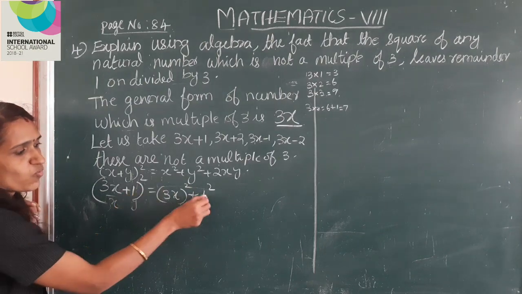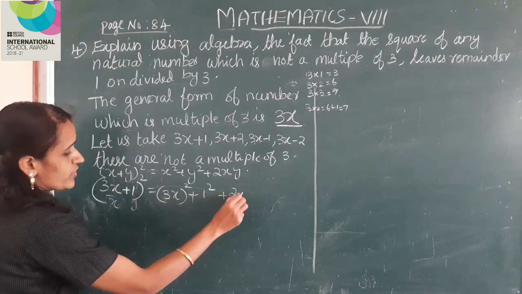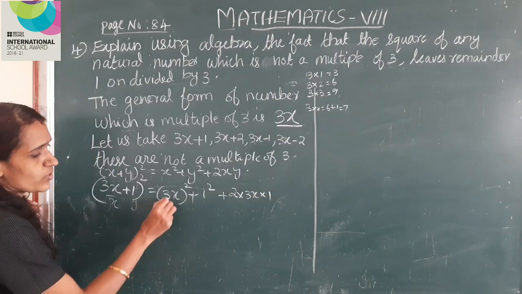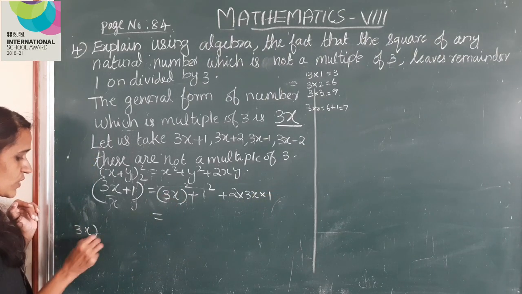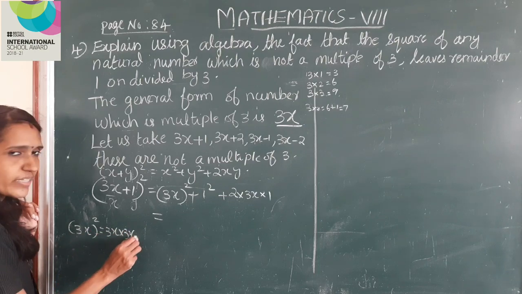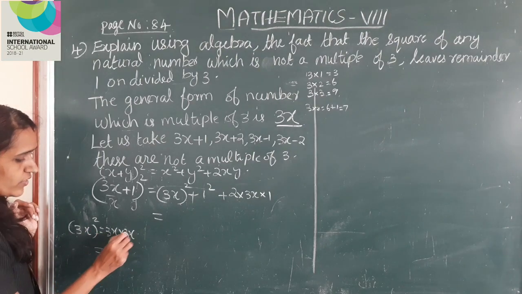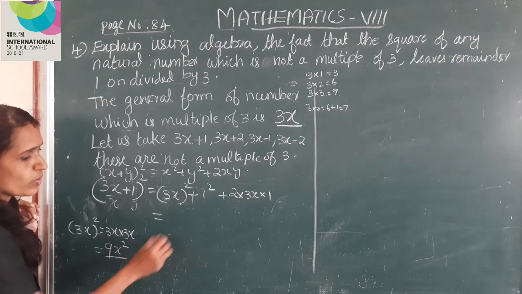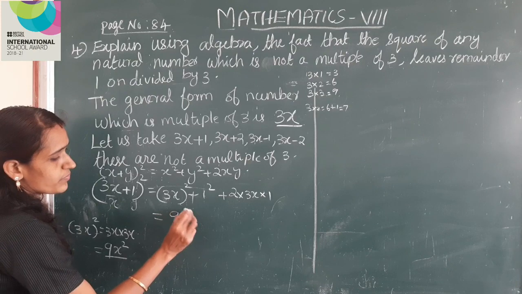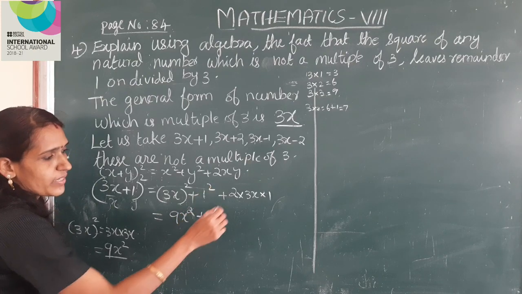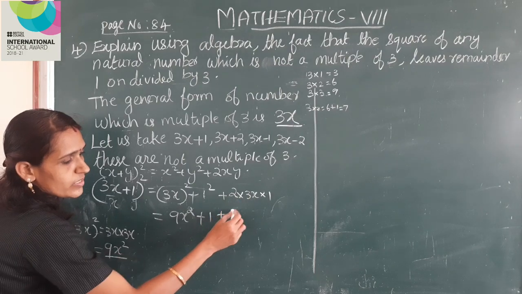Here y is 1, square, plus 2 into 3x into 1. This is equal to 3x whole square. This is equal to 3x into 3x. This is equal to 3 into 3, 9x into x, x square, 9x square. So 9x square plus 1 square is 1 plus 2 into 3x, 6x.